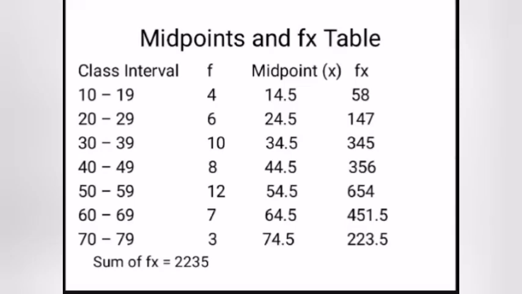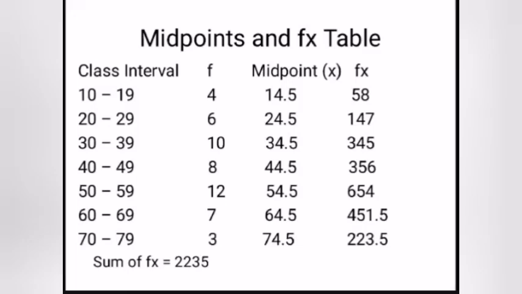To find your midpoint, you add 10 plus 19, then you divide it by 2. 10 plus 19 divided by 2 is going to give you 14.5. 20 plus 29, when you divide it by 2, you get 24.5. 30 plus 39, you get 34.5.